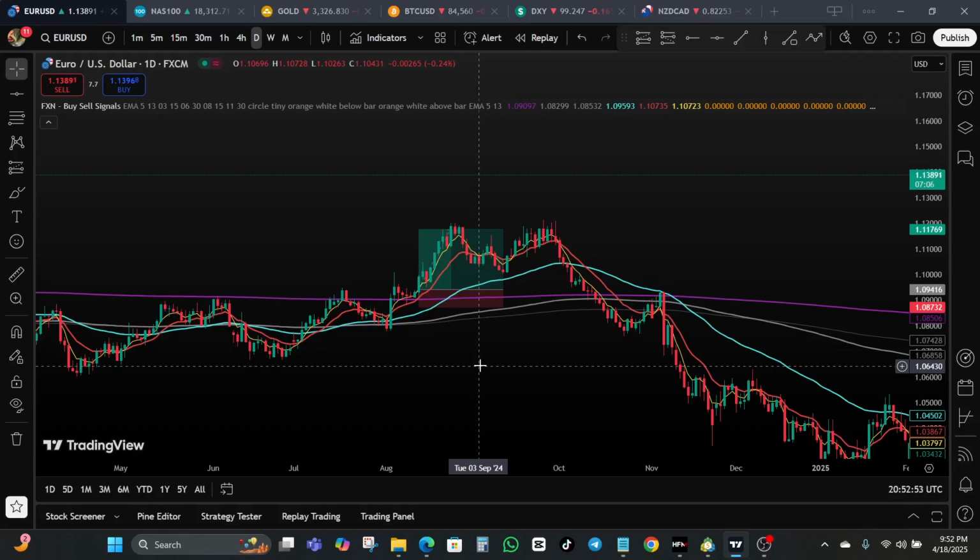Now, this tool also works great as a confirmation indicator. If you already have a strategy, you can use this as a final confirmation for your entry. It will either support your bias or help you stay out of bad trades. Either way, it's value added. It doesn't matter if you are a beginner or a seasoned trader, this tool gives you structure, confidence, and clarity in your trading.